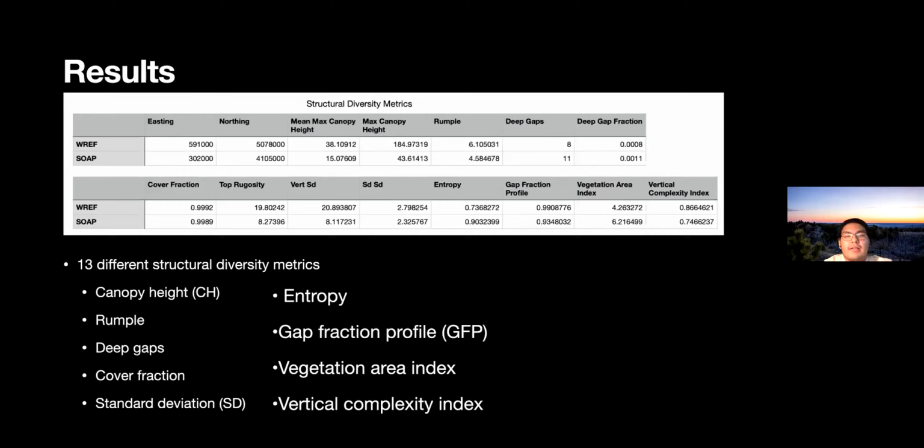And some of the definitions in there that you might not understand are rumple. Rumple is the ratio of surface area of the outer canopy to the surface area of the ground. And this just kind of gives you a visual, and it helps you understand these two forests compared side by side to each other.